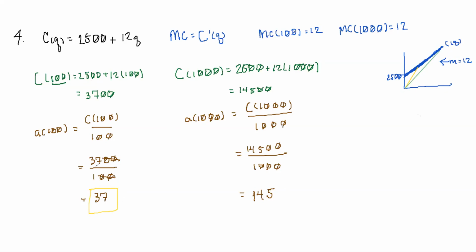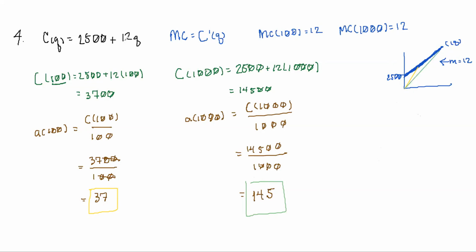Yeah, because we have more items, so the startup costs get incorporated into more items. Startup cost being this at 0, I'm still in for $2,500 essentially.